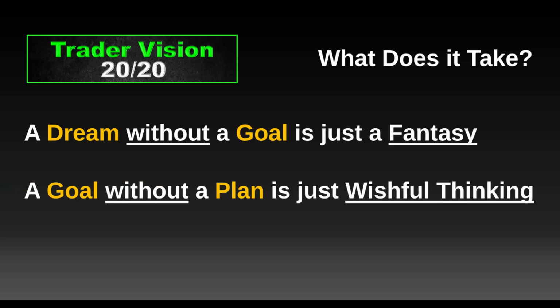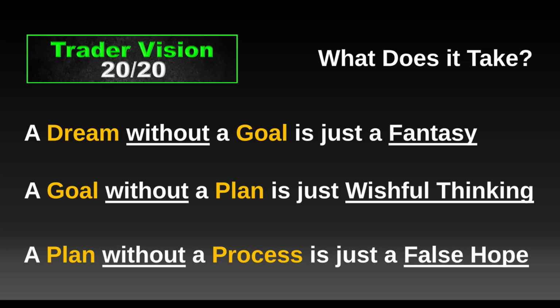And a goal without a plan is just wishful thinking. And a plan without a process to make that happen is just false hope. You need to keep these things in mind. We'll come back to this later tonight, but keep these things in mind. You need to have a goal, you need to have a plan, you need to have a process.